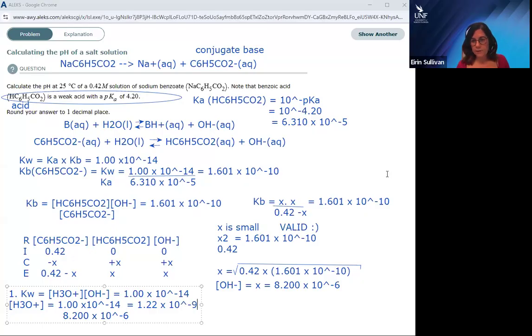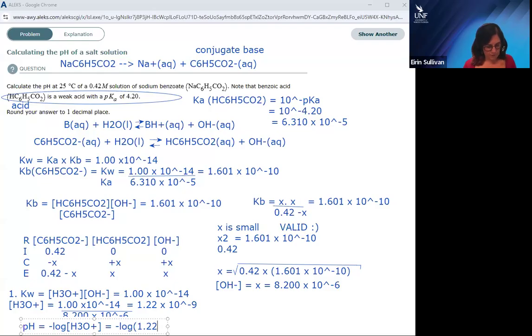Now we can do the whole minus log thing to get our pH, can't we now? So pH is minus log of the concentration of hydronium. So that will be minus log of whatever we just calculated, minus log of 1.22 times 10 to the power of minus 9 equals a pH of 8.9. Okay, so that's method 1.